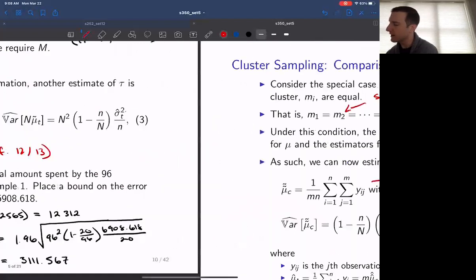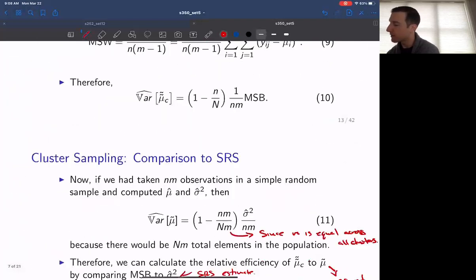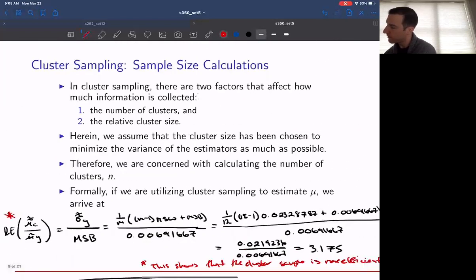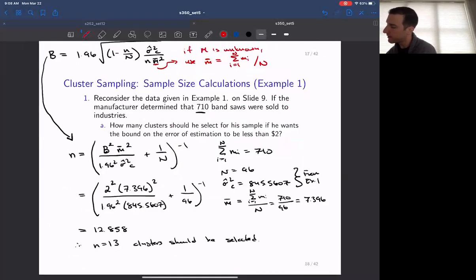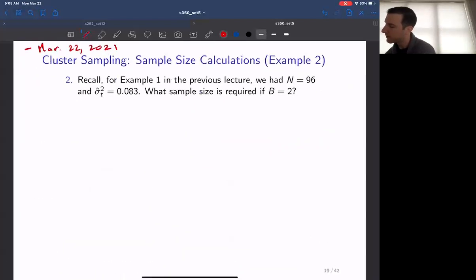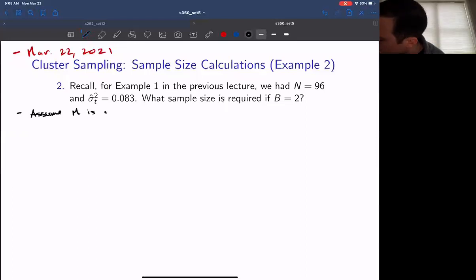And the rationale again here is that we don't actually have the total number of population elements, right? So we can make a little note. So assume capital M is unknown. Right?